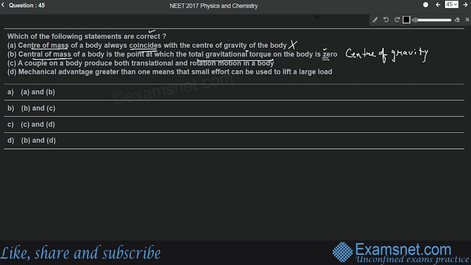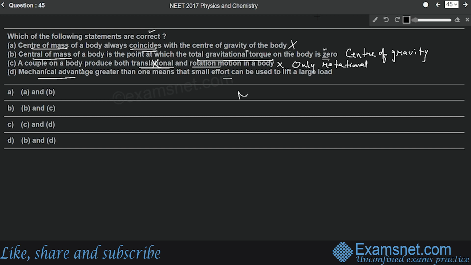Then the third statement says a couple on a body produce both translational and rotational motion on the body. This is not true, because a couple only produces rotational motion. Okay, rotational motion and no translational motion. So this is incorrect. And the last statement says mechanical advantage greater than 1 means that small effort can be used to lift a large load.